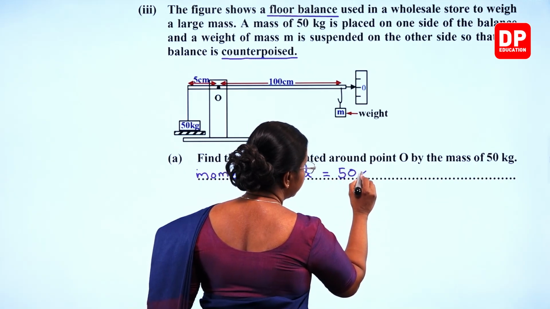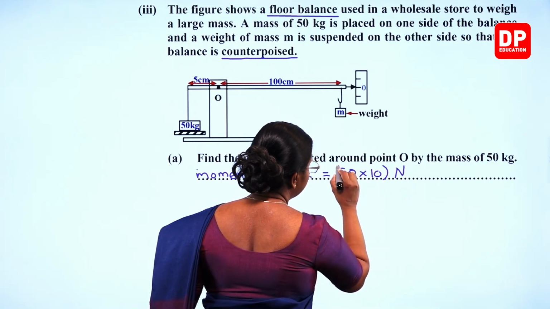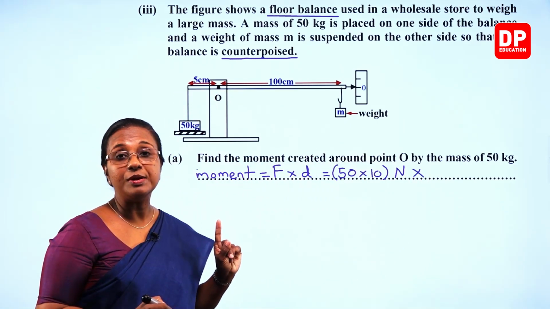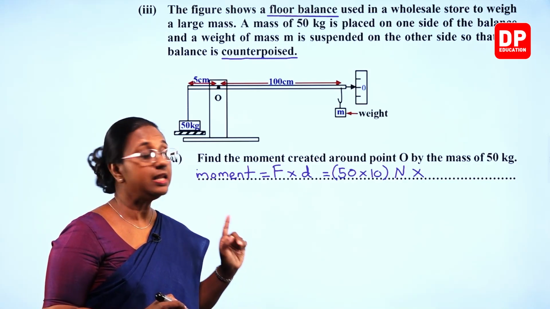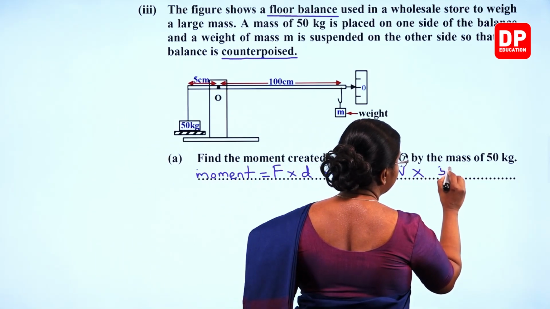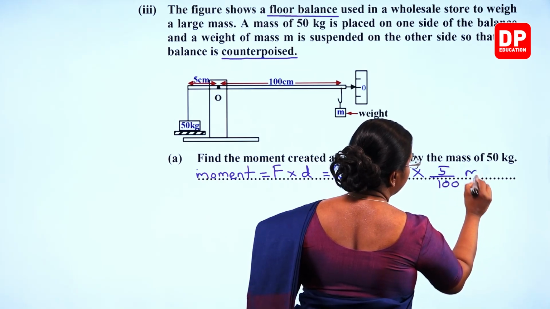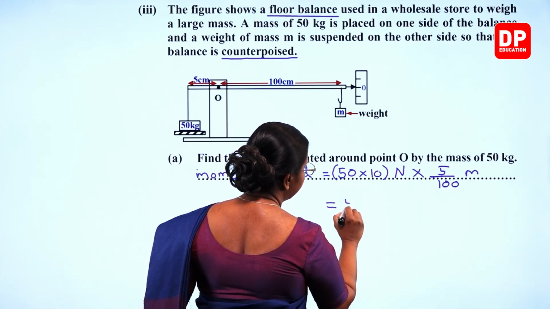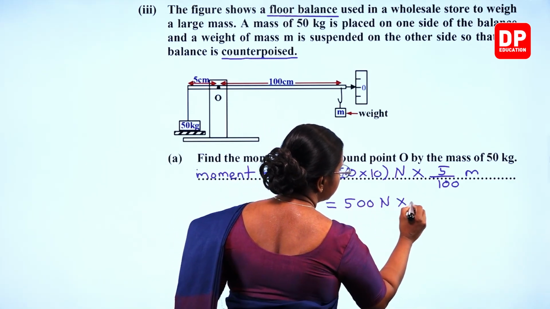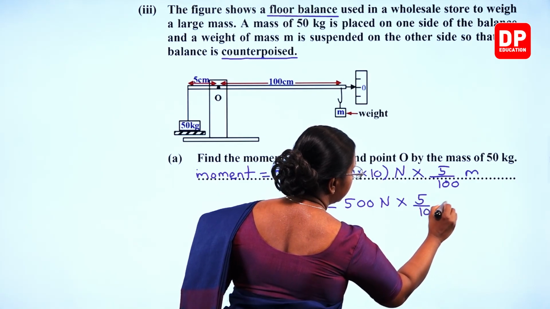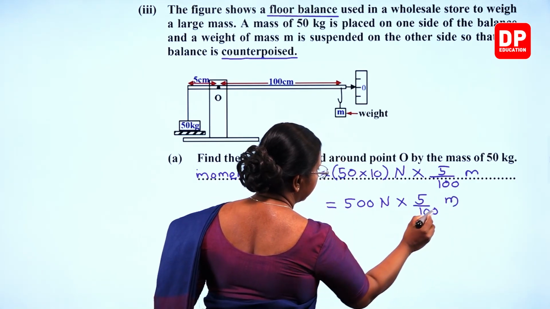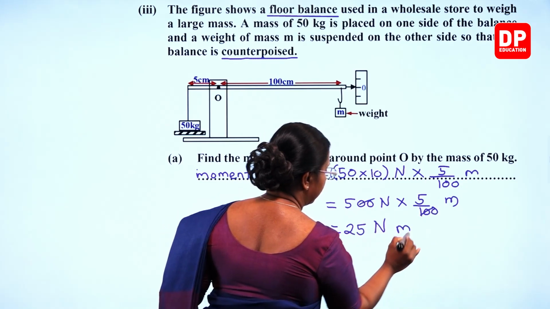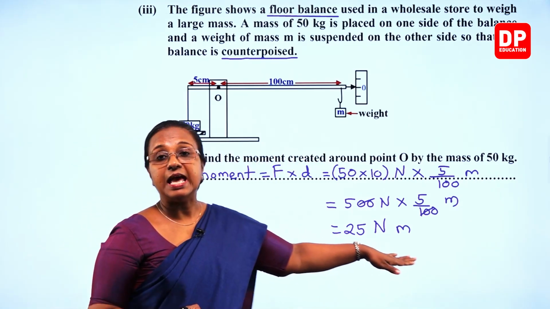So 50 into 10, that is going to be the force in newtons, into, you need the distance. Normally we use the standard unit, so that is in meters. So we divide 5 by 100 in order to get the distance in meters. So if you calculate it there, 500 Newton into 5 over 100 meters. So when you simplify, these get cancelled off. So 25 Newton meters.